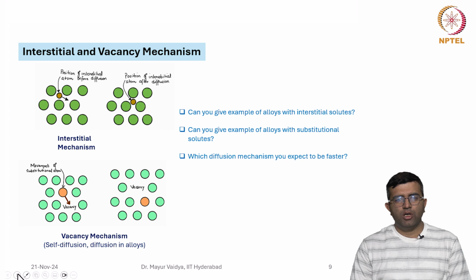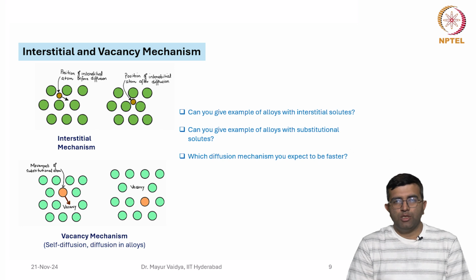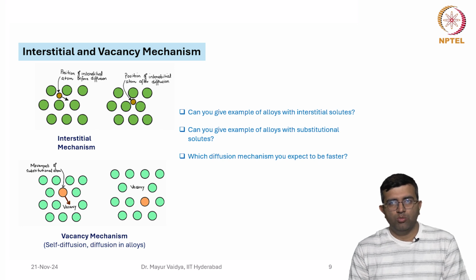Just a couple of quick take home questions for you: think of examples of alloys with interstitial solutes and alloys with substitutional solutes, and which mechanism do you expect to be faster.